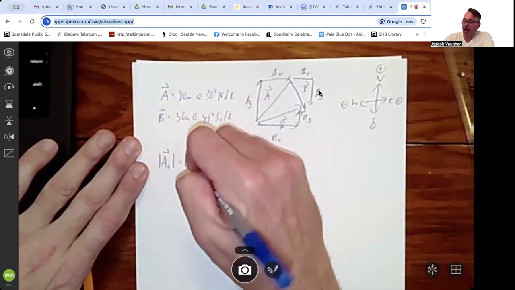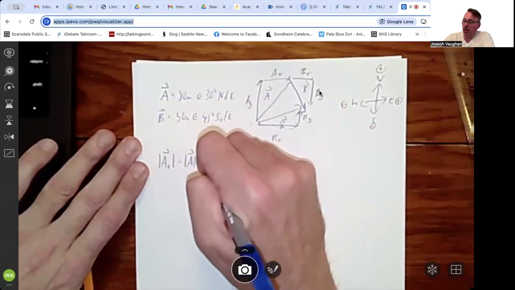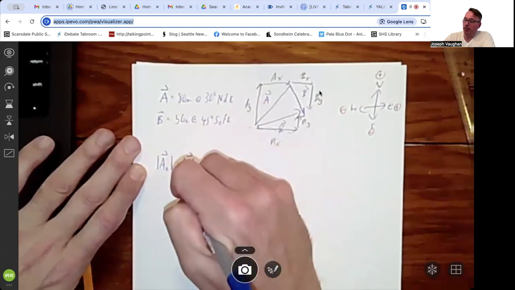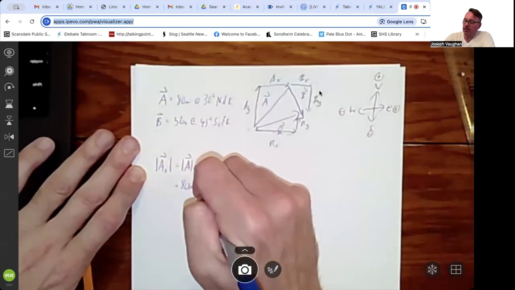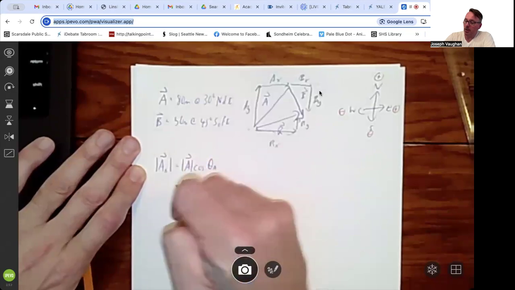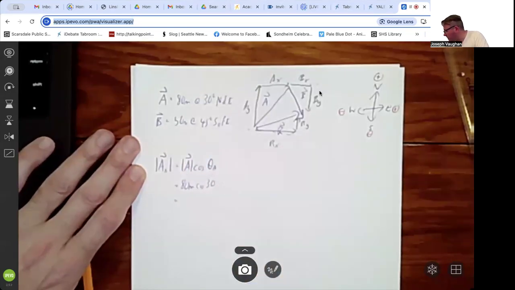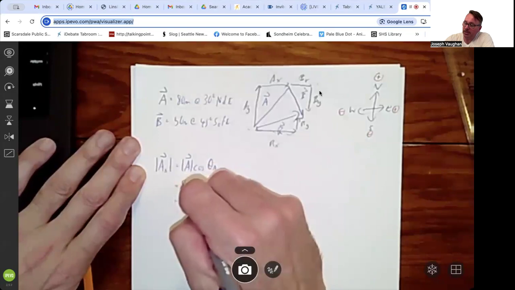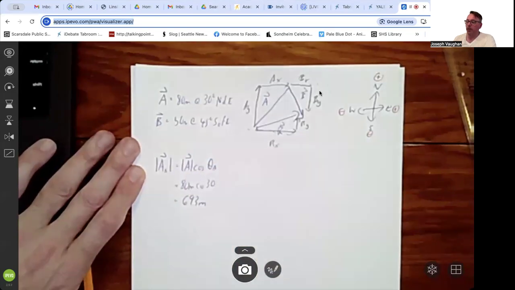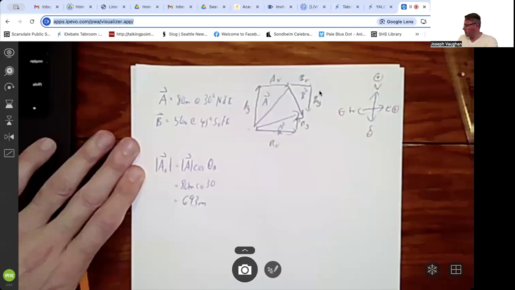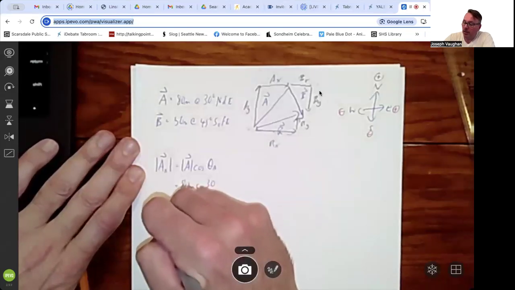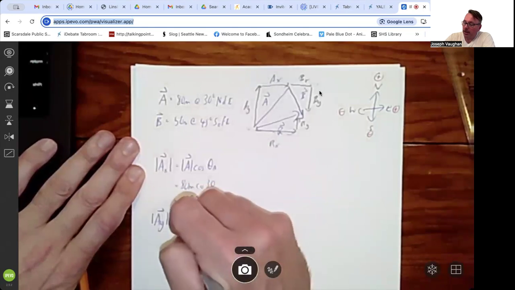Well, that's going to be A, magnitude of A, cosine theta A. Boom, that's 80 meters, cosine 30. We already found that in a previous video, so I'm just going to remember that that was 69.3 meters, not going to recalculate that. Then I'm going to find the Y component.